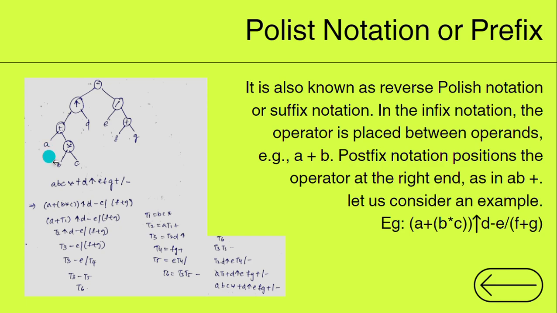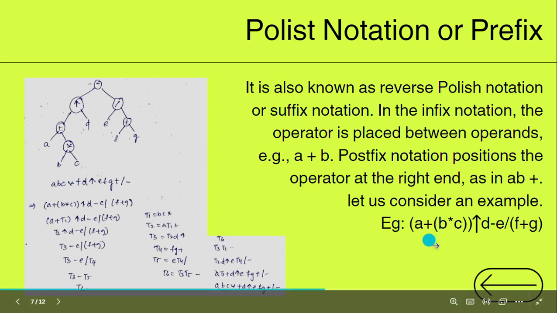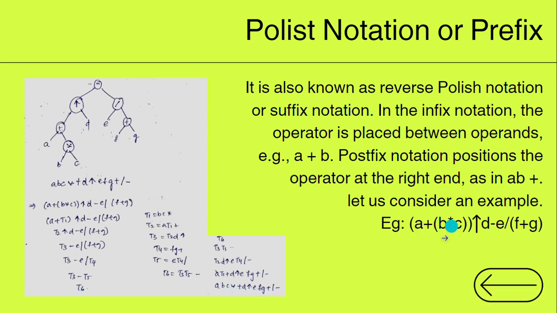The operator cannot be placed between the operands, we are only considering postfix. So A, B, C will come first, and we have to take the inner one first. We already see in the example, A plus B into C, B into C is the interior.